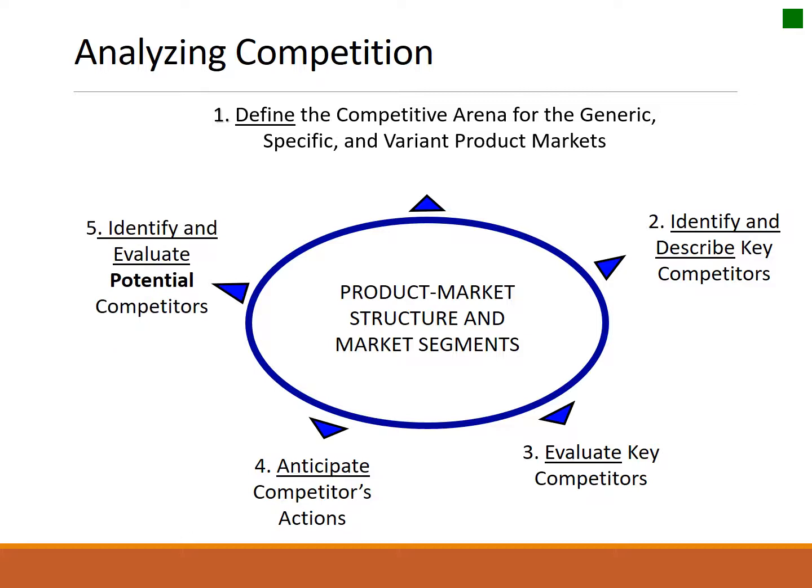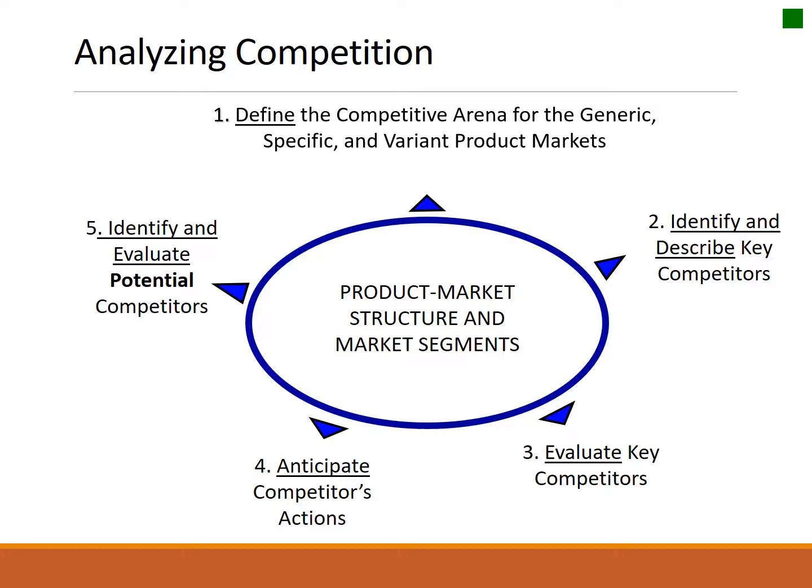And then we also want to foresee potential new threats, potential competitors that have not developed or emerged yet, but we anticipate that they will at some point in the future. So if we look step by step at a progression of action to analyze our competitors, we want to do these 5 pieces that we have in place.